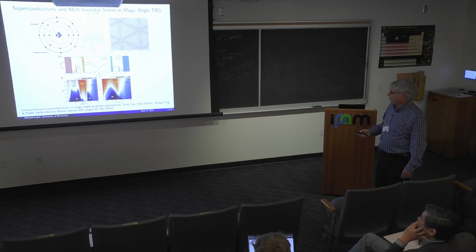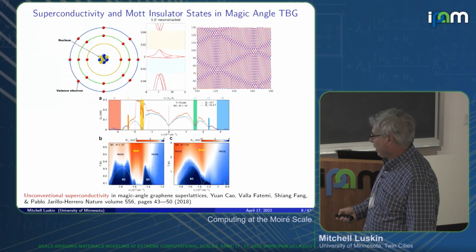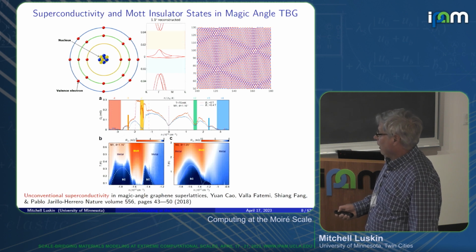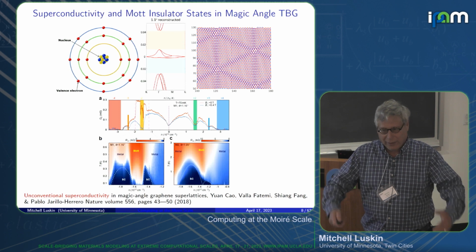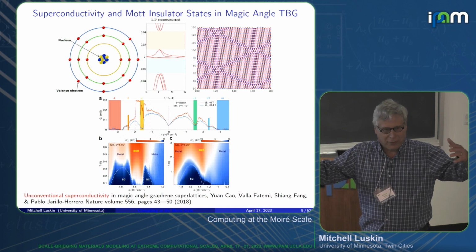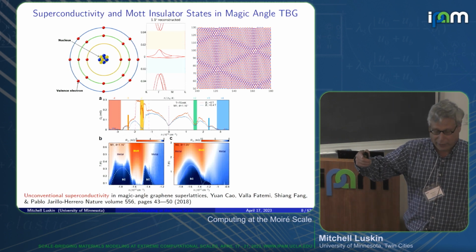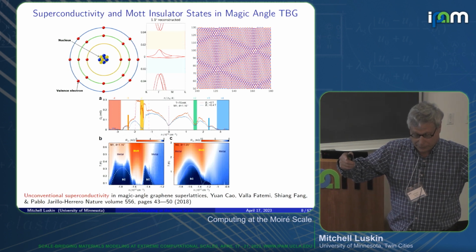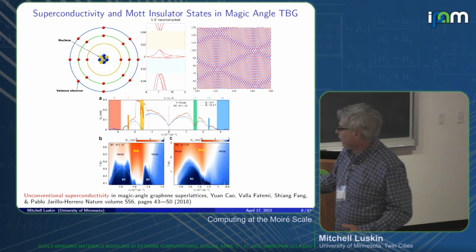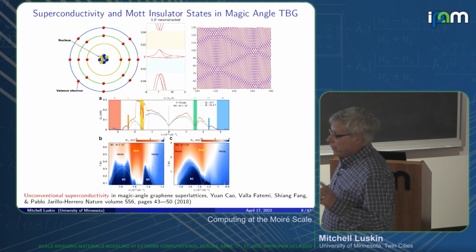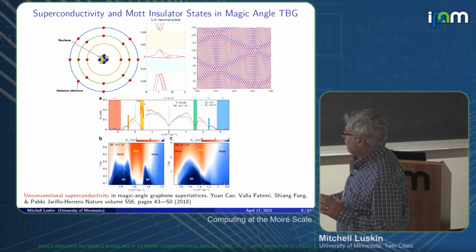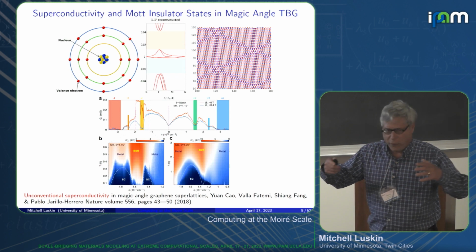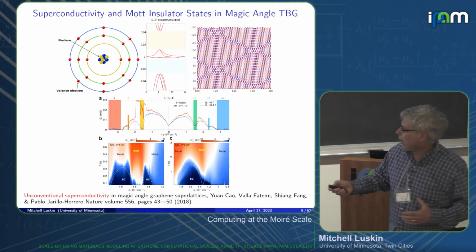So they were able to demonstrate these different correlated phases, Mott insulator, superconductivity, and this also shows you that the phenomenon is very discrete-like.